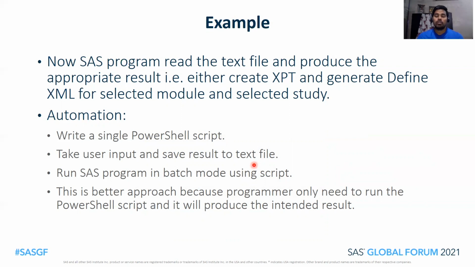But both steps can be combined, and automation is possible with the help of PowerShell. For that, the user needs to write a single PowerShell script. That script will take the user input and save the result to a text file, and the same script will run the SAS program in batch mode. This is a better approach because the programmer needs to run only the PowerShell script once and it will produce the intended result.